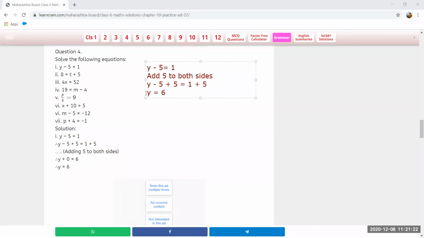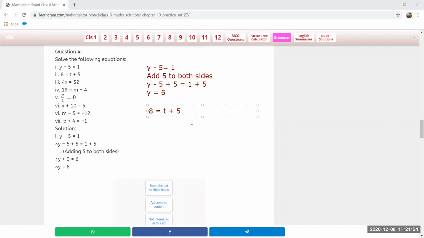Y is equal to 6. So what value do we get? Y is equal to 6. Now the second sum is 8 is equal to t plus 5.